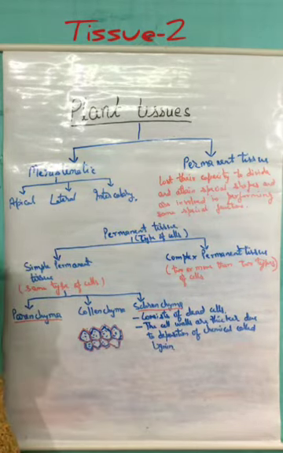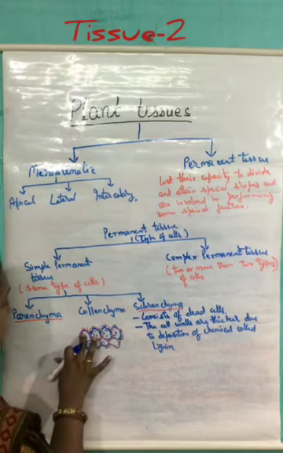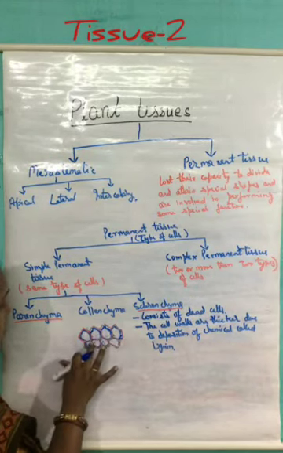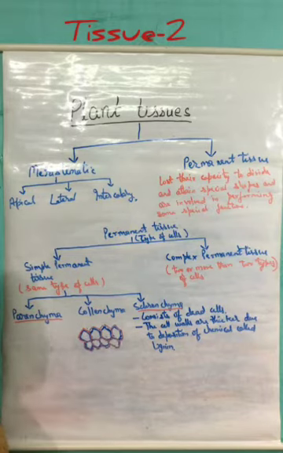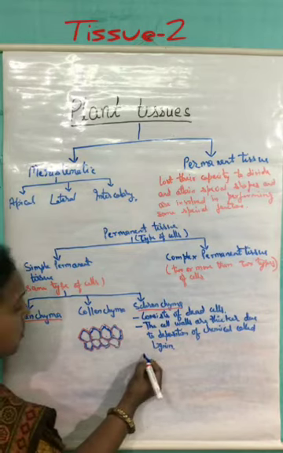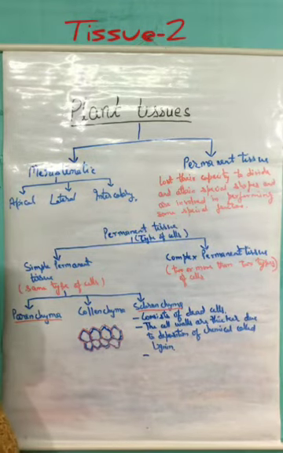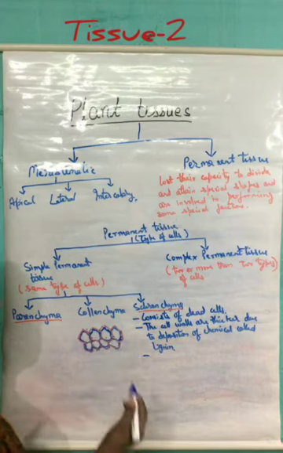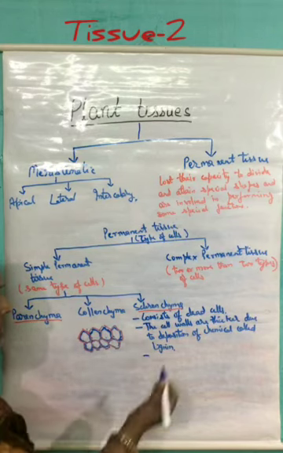This lignin acts like a cementing material and will not allow anything to come inside as well as outside. And because of this lack of communication, after some period of time these cells become dead.